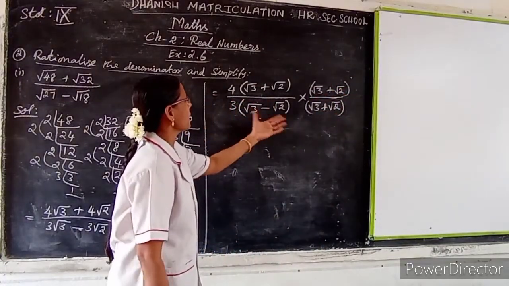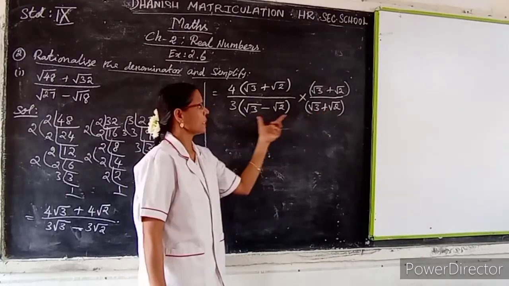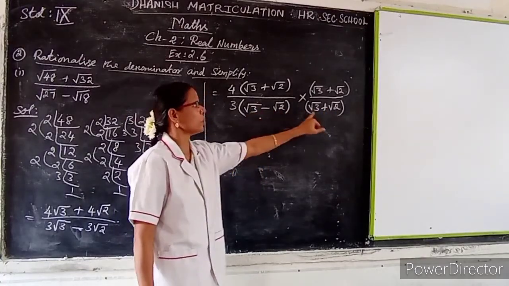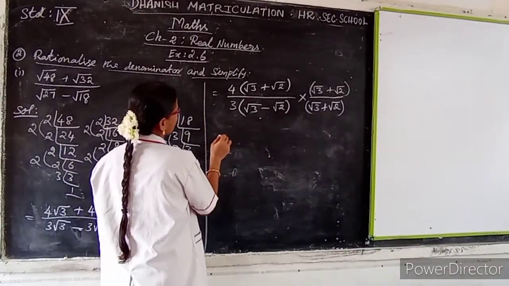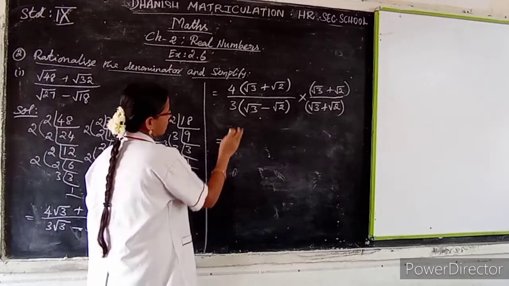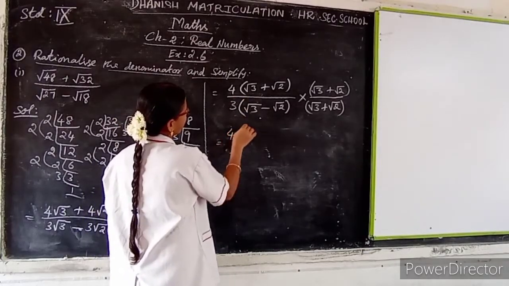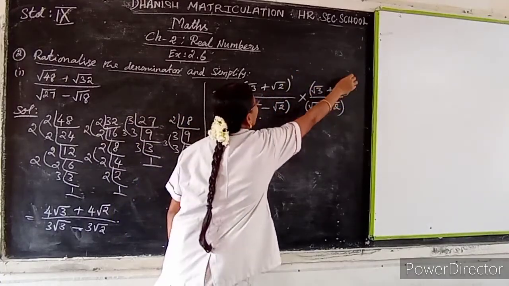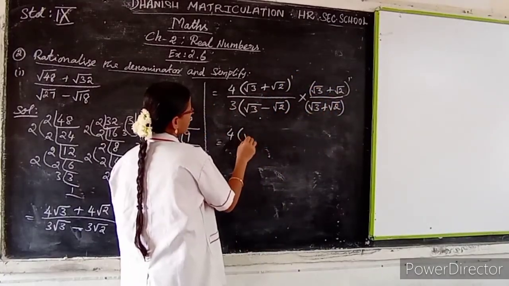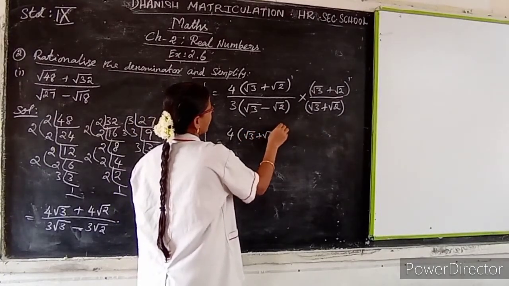Now see the denominator, root 3 minus root 2 into root 3 plus root 2. It is in the form of a minus b into a plus b. The numerator is 4 into root 3 plus root 2 whole power 1 times root 3 plus root 2 whole power 1. That can be written as root 3 plus root 2 the whole square.